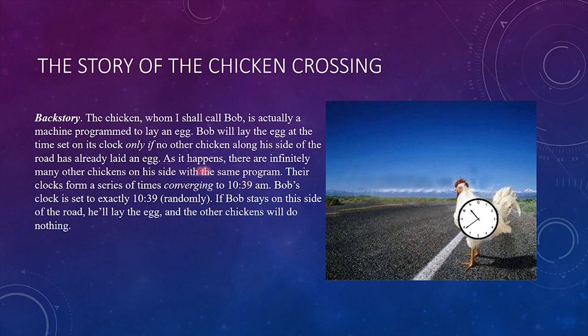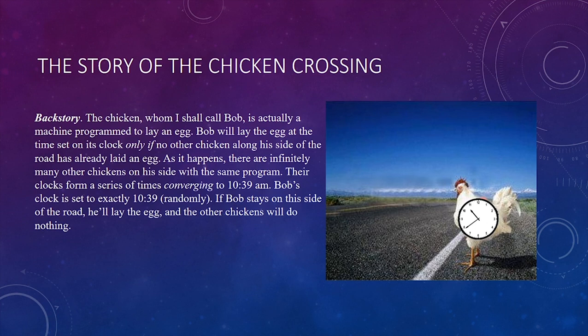So as it happens, there are infinitely many other chickens on his side with the same program. Now these other chickens are behind this chicken here, so you can't see them. But they also have clocks, and each of their clocks is set to a different time. As it happens, their clocks are set to times that form a series of times that converge to 10:39 a.m. Now, if you're familiar with the Grim Reaper paradox, you'll know what I'm talking about here.